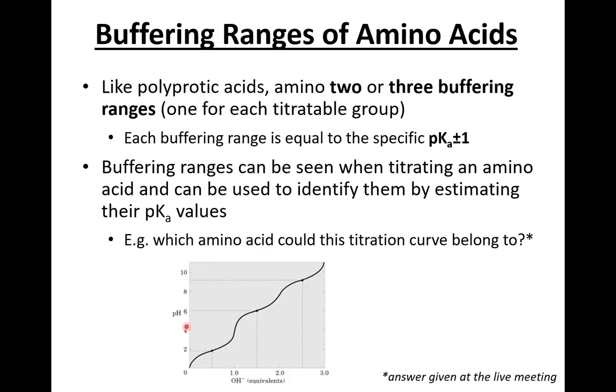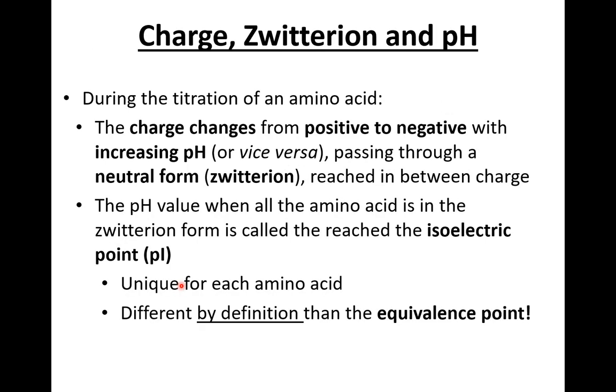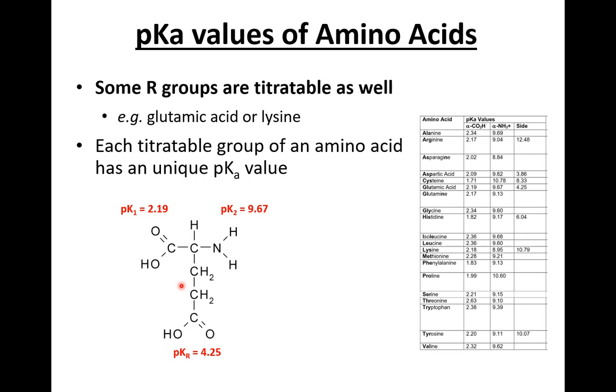And so if you don't know what amino acid you have and you look at the buffering ranges there, here you already know that there are 3 buffering ranges. Based on where they are, I know that in the middle point there are the pKa values. And so I can actually identify also the pKa values of this amino acid and hence deduct, based on the knowledge here, which amino acid it could be.